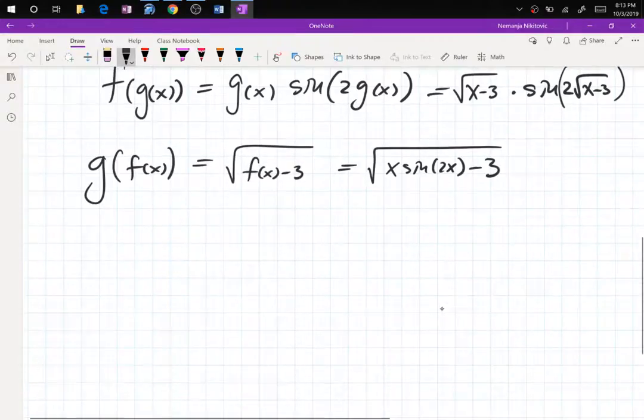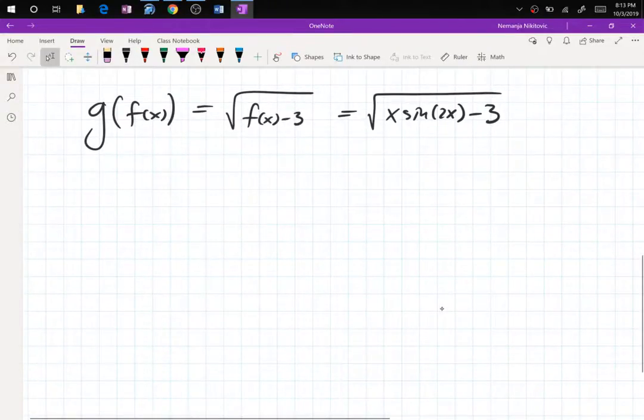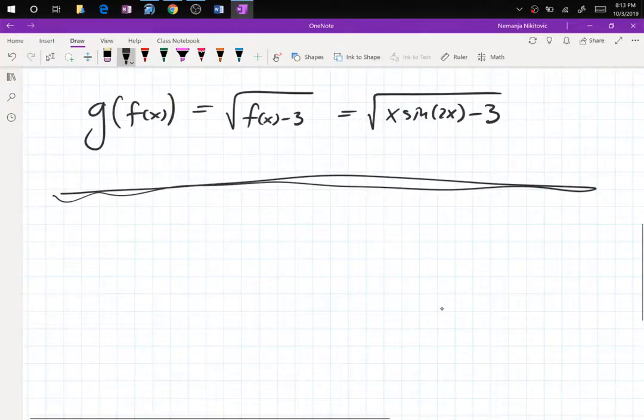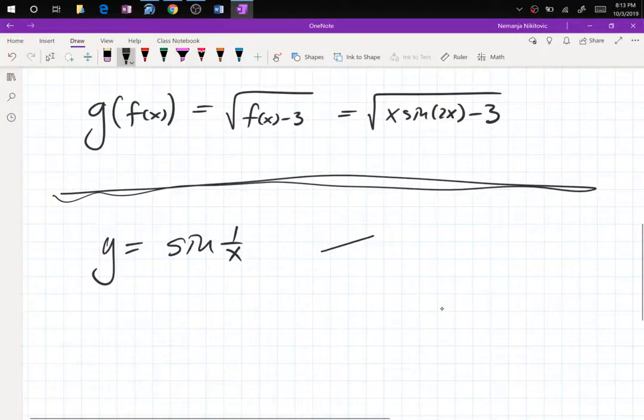Now we do not care about function composition, unfortunately. We care about function decomposition so that we can take the derivative. So what you are looking at here would be some function y equals sine of 1 over x. The skill that we need from pre-calc, which you never practiced before, is to decompose this into f and g.